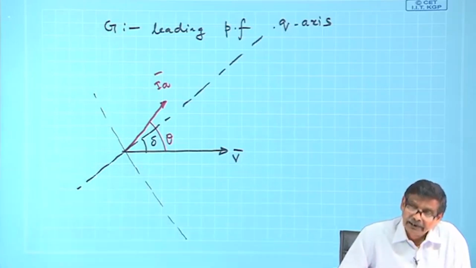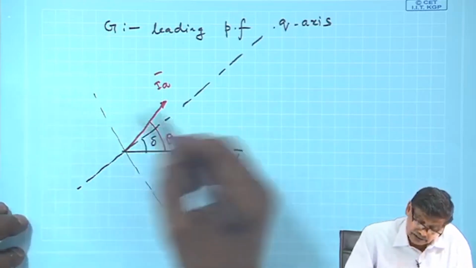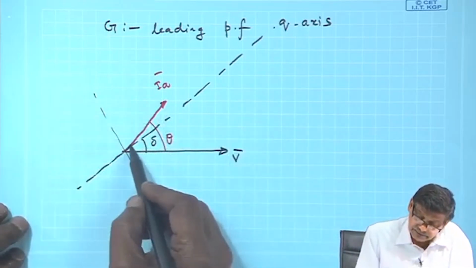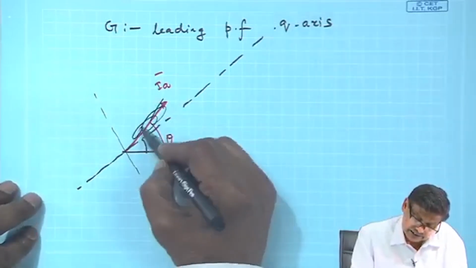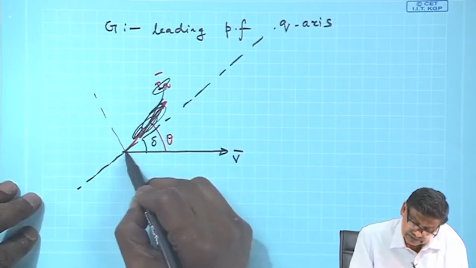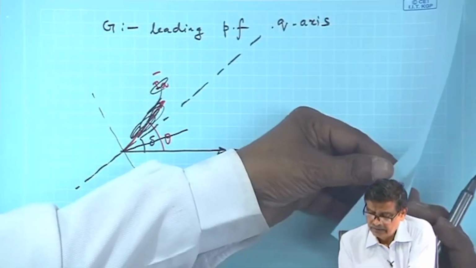Your d axis will be like this. Oh, it has become greater than, I will sketch it. This I a for this thing, it is leading power factor. I will use this one.